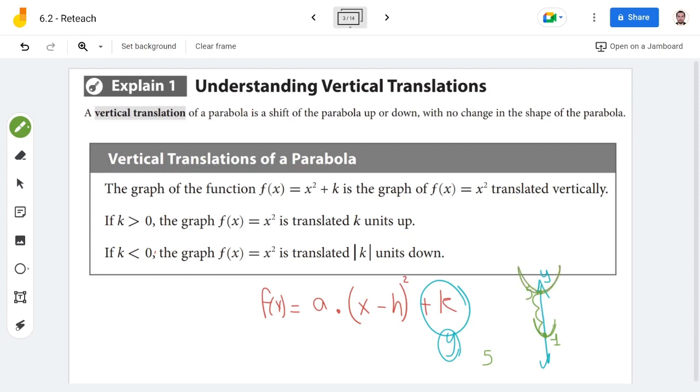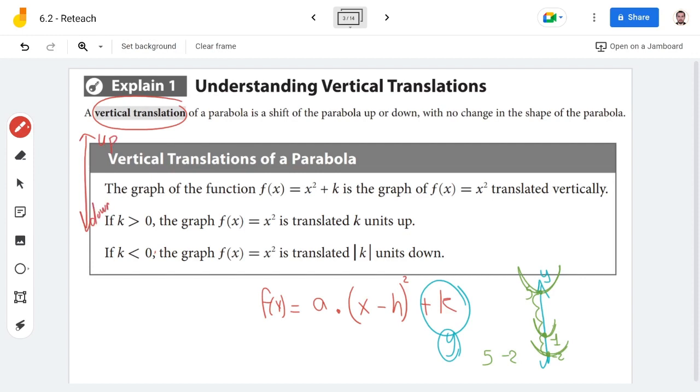Or if I say k is -2, my graph will go 2 steps down, like this. So as we can see, k is controlling the translation on the y-axis, maybe up or maybe down. We call this a vertical translation.